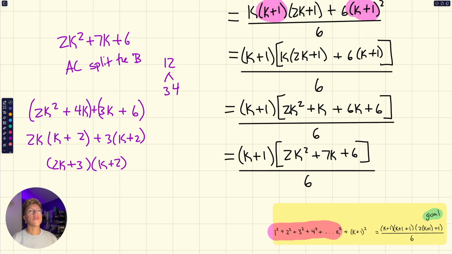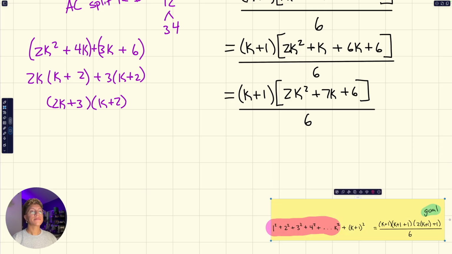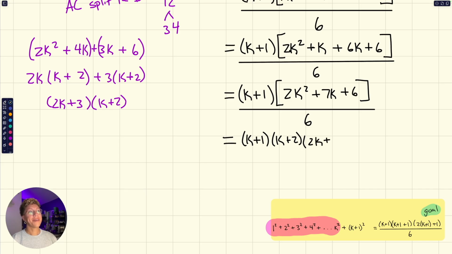And so we pull that result over here, and move our goal down a little bit again. And we can finally say here that this right-hand side is now k plus 1 times k plus 2 times 2k plus 3 all over 6.